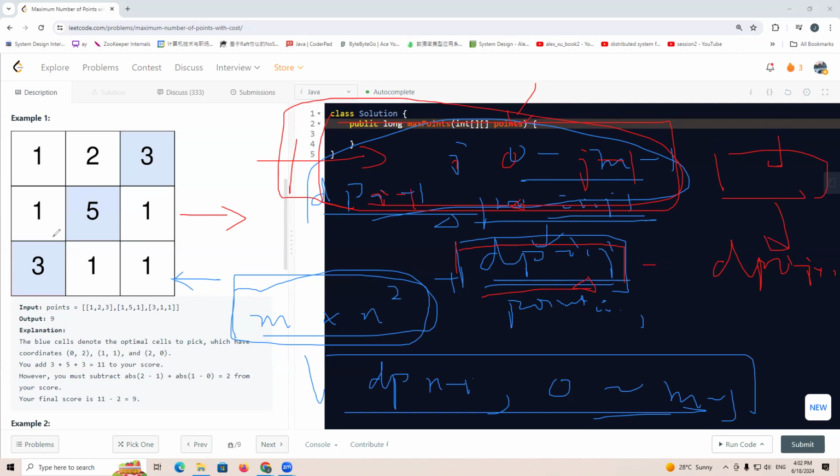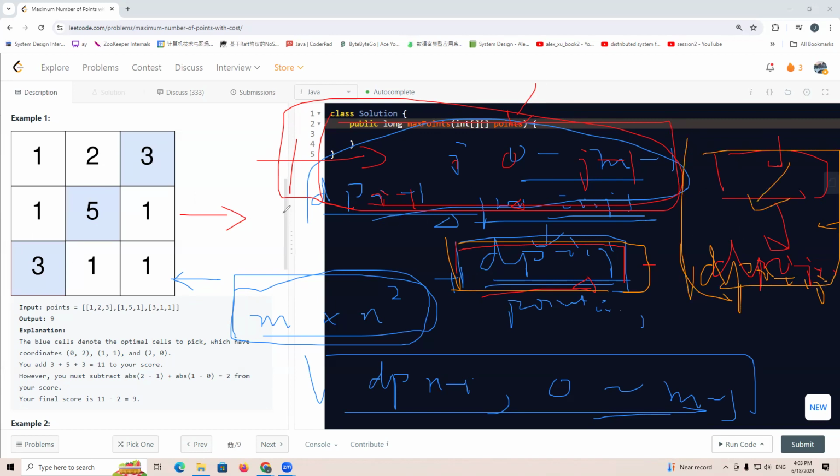On the other hand, if we iterate from right to left, there is dp[i][j]. If we already have dp[i][j plus 1], that means we also calculated the right part. So we separate this question into two directions: one from left to right, another from right to left.